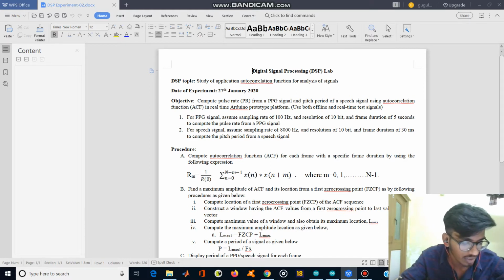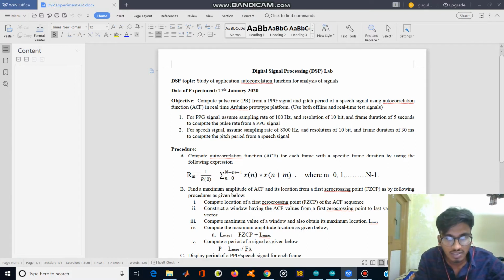The autocorrelation function is used to find the period of a signal buried in noise. So this is important. Some properties of autocorrelation are that it is symmetric and consistent. Autocorrelation for a periodic function is also periodic with a similar signal, right?